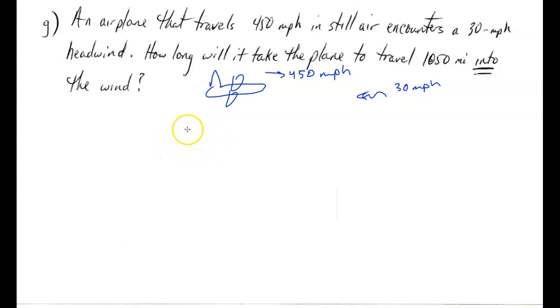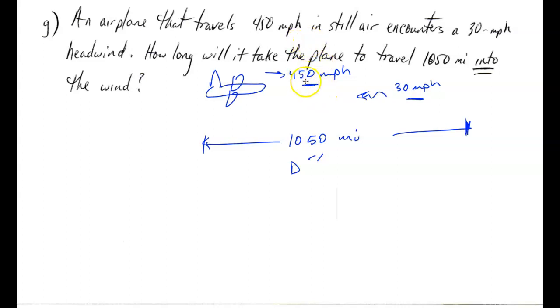Okay. And we want to know how long it will take the plane to travel 1,050 miles into the wind. Okay. So we're doing this, and let's say it travels this far. The main thing that we know again is that we're given a distance, and that this rate and this rate are working against each other.